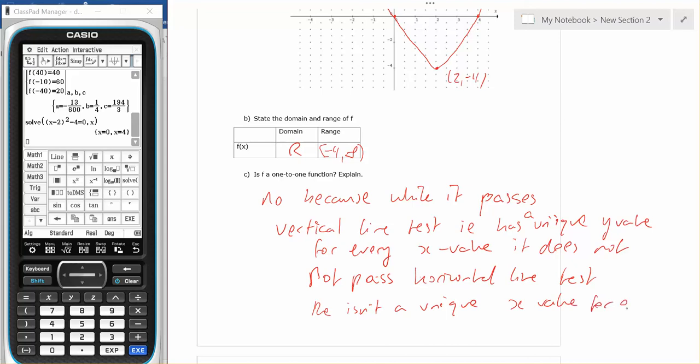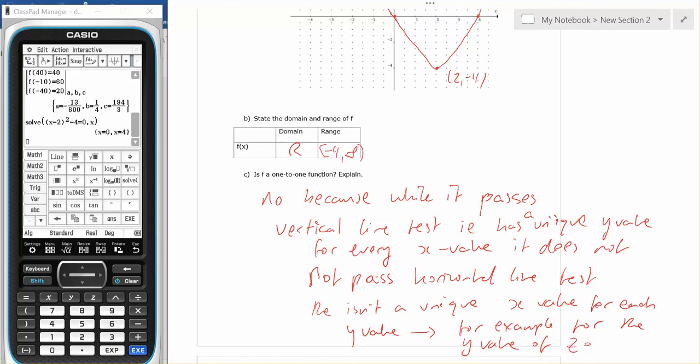for each y value. I'll go even further and go, for example, for the y value of 0.